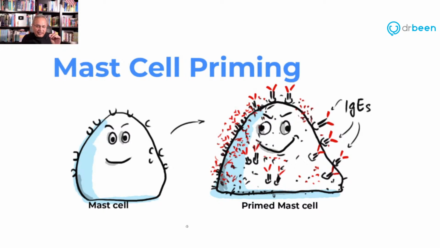Once IgE has bound to a mast cell, that mast cell has become primed. It is now a bomb that if the allergen comes and attaches here, this mast cell is going to blow up and in that process cause a lot of hurt to us as well.